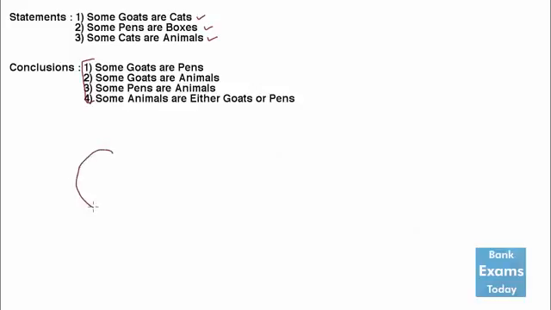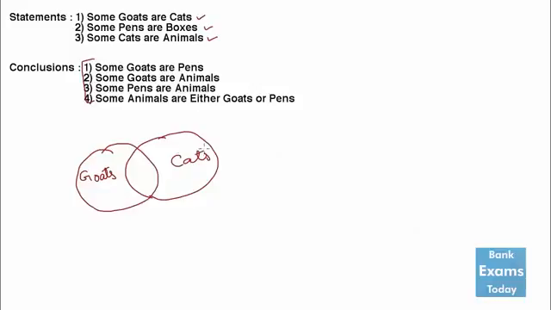Let's draw a circle for goats, and this one for cats. Some of the goats are cats. That means a part of goats and a part of cats. A part of goats are cats and a part of cats are goats.